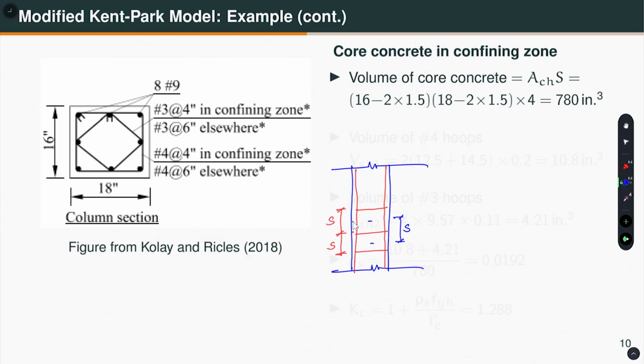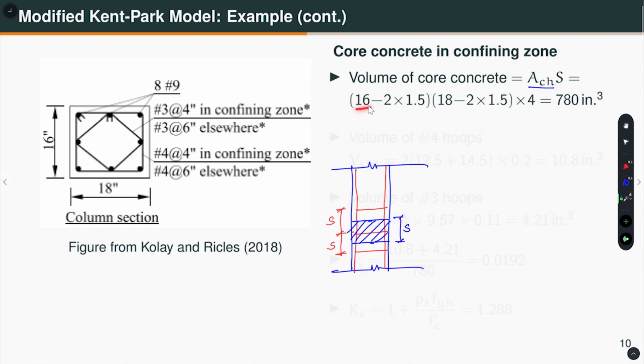So, what is the volume of concrete in this region? The volume of concrete is ACH, that is the area of concrete into this spacing S, right. What is ACH?